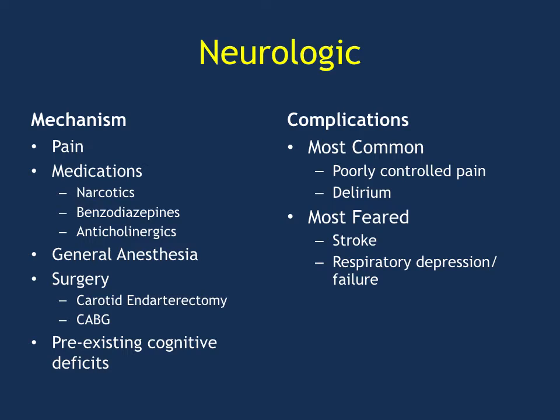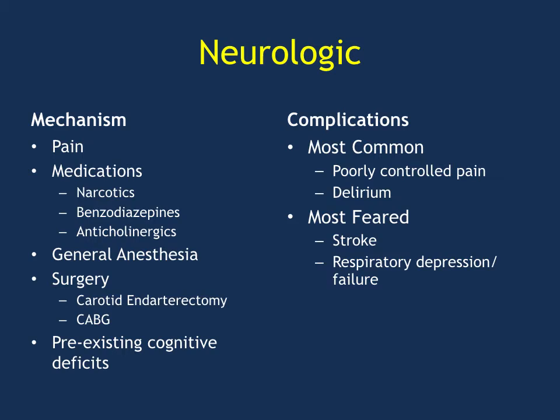General anesthesia itself can have an effect, and specific operations that involve the carotid artery as well as bypass can also cause problems in the post-op period with regard to neurologic status. And we've also come to learn that pre-existing cognitive deficits, and this is especially true for our elderly patients in the VA, can also be significantly worsened or exacerbated following general anesthesia and the stresses of an operation.